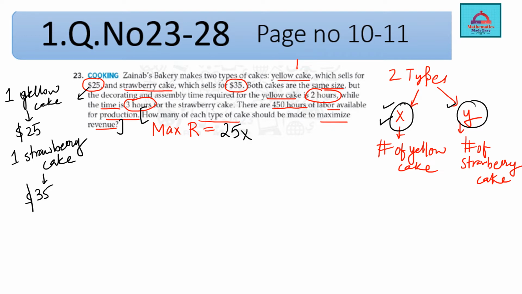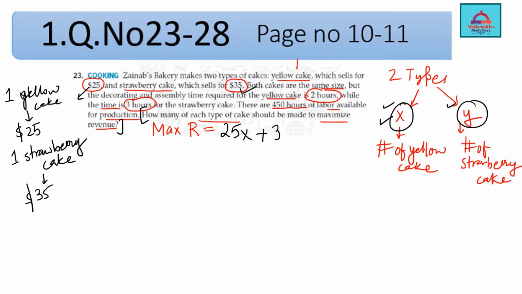It is just like, if you buy a slice of a cake, it is 25, and if you are 5 friends going to buy, then it will be 25 multiplied by 5, the amount that you pay, which will be 125 dirhams. Similarly, for one strawberry cake, the cost of one cake is 35 dirham.